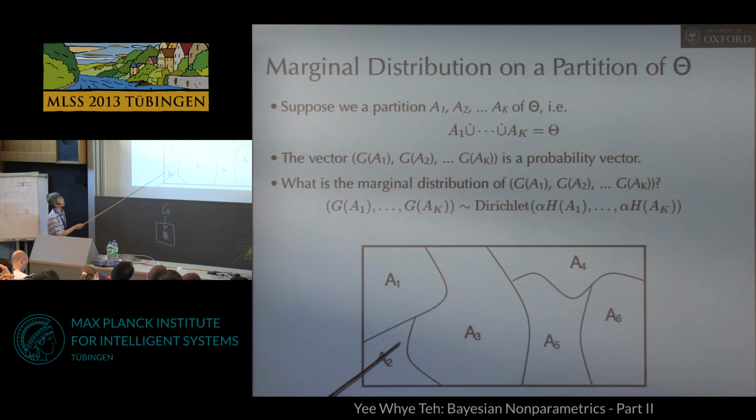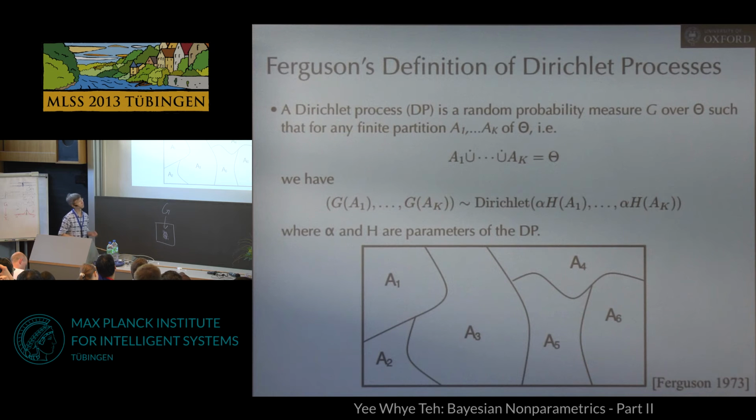And we could ask, what is the marginal distribution of this vector? It's simply given by a Dirichlet with those parameters. In fact, this can be used as the definition of a Dirichlet process, and this is the way Ferguson, back in 1973, first defined it.